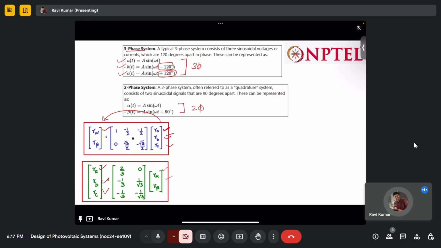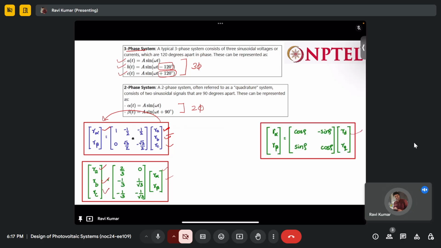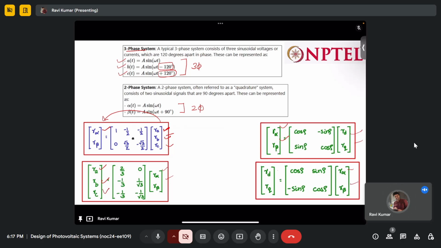Then we have DQ form into alpha, beta form, and alpha, beta form into DQ form. This is all about the conversion of signal voltage or current from one form to the other. I have given these formulas because we will be utilizing them in solving the questions. Okay, now let's solve the first question.